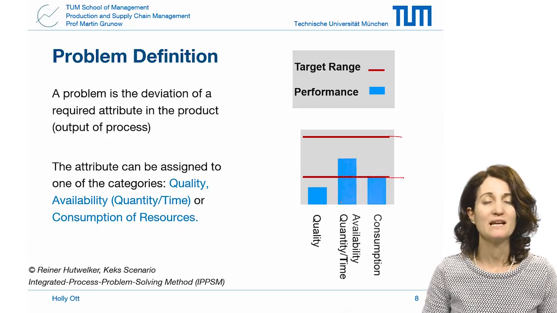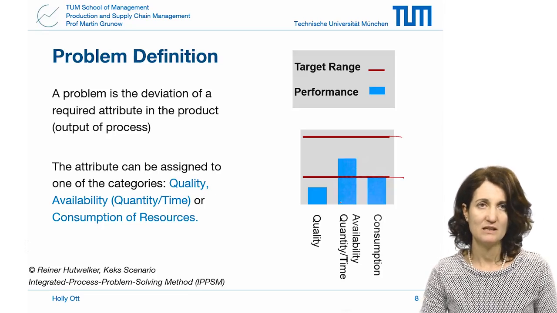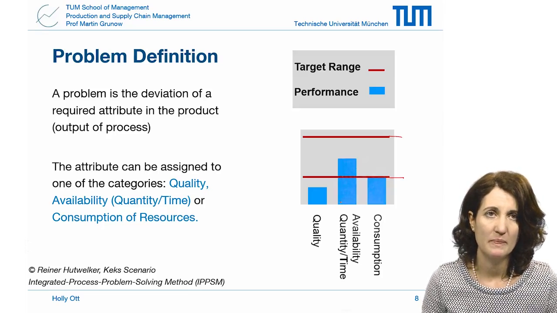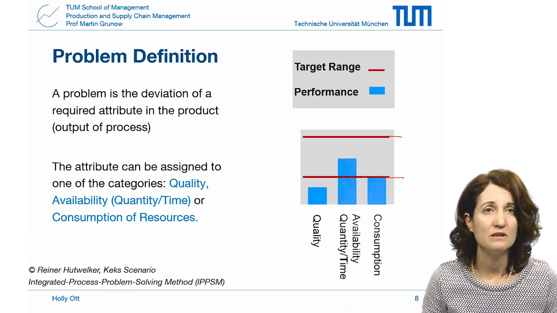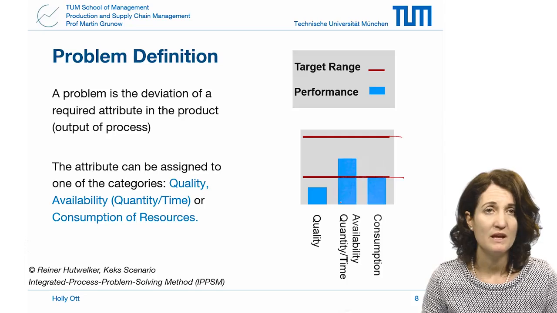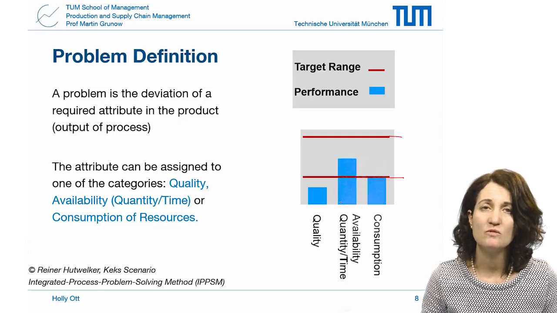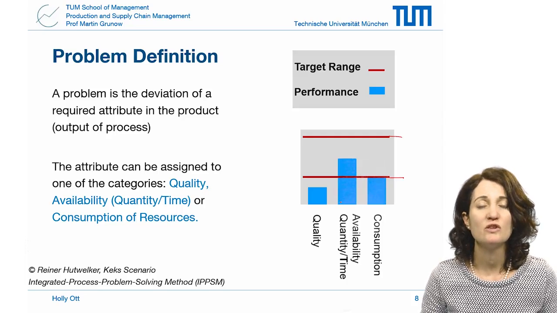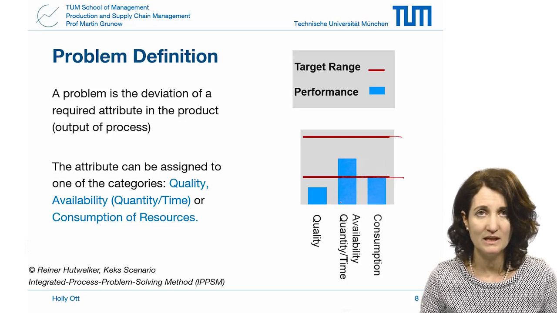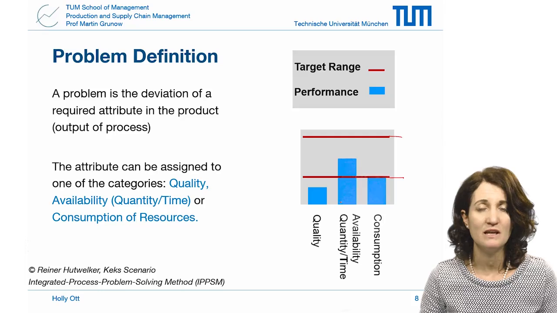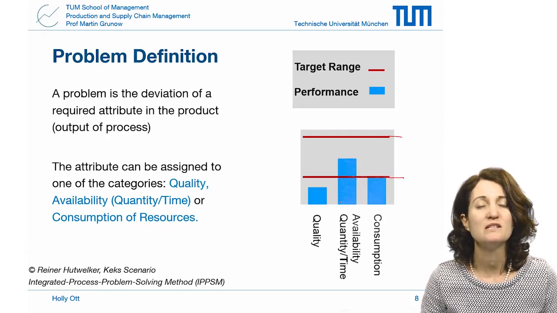Is it meeting the characteristics that our customers require in terms of quality? Is it available in the right quantity at the right time? And does it consume the resources in such a way that our product and service can be produced in a competitive manner and not consume too much?